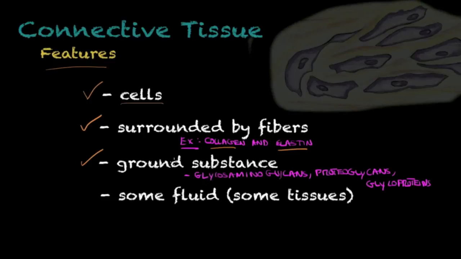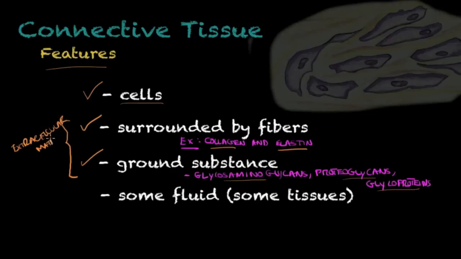This substance is comprised of molecules with long names. One of them is glycosaminoglycans, then proteoglycans, and glycoproteins. Now these two, the fibers and the ground substance, constitute something that I already talked about called extracellular matrix.